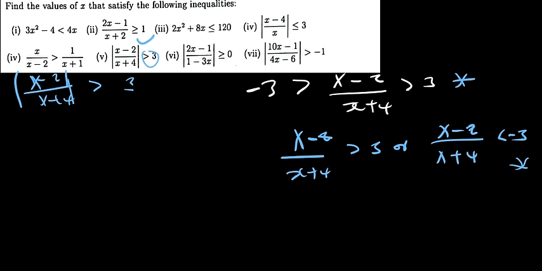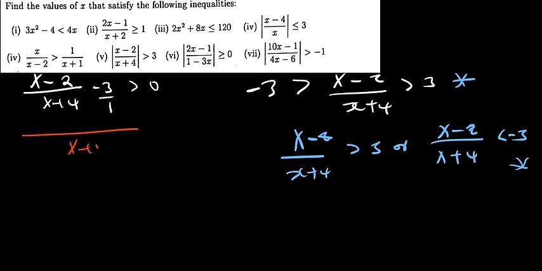You say the first one is x minus 2 divided by x plus 4 greater than 3, so we shift 3 over: x minus 2, then minus 3 times x plus 4, all over x plus 4, greater than 0.